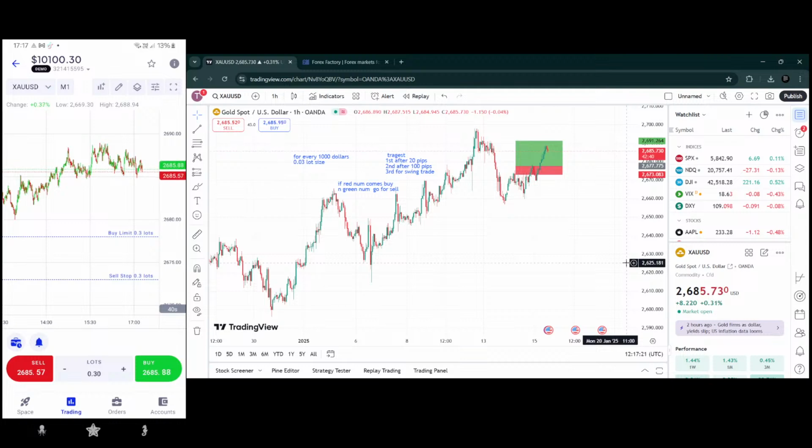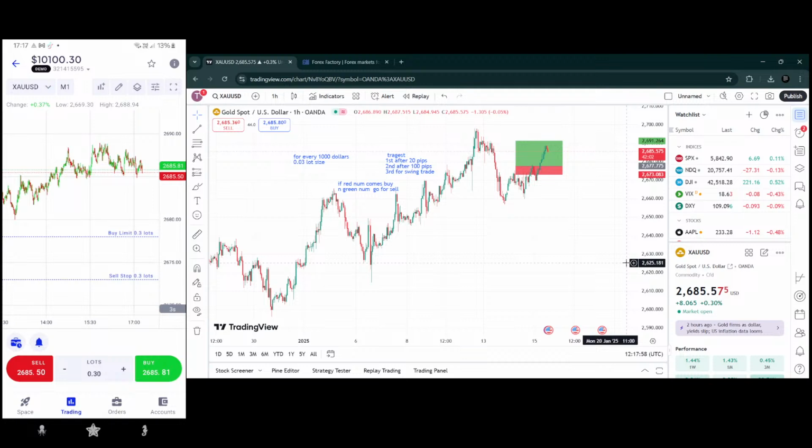But we put our trade today at 2678, and we will see what happens today. Right now the market is at 2685. The people who go on market execution, after some time they will be uncertain what is going on.